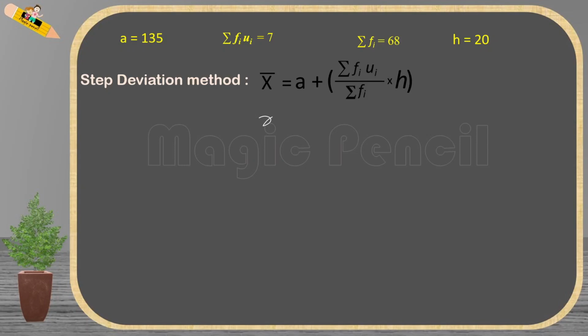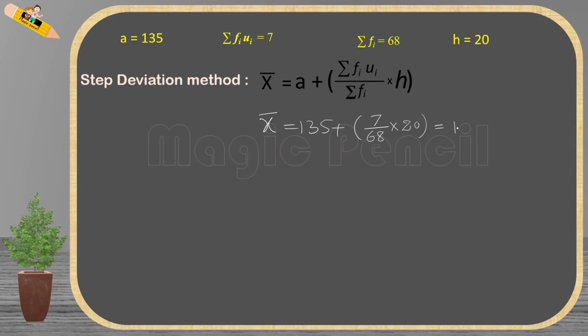Right, let us now substitute these values in the formula. A we have 135, plus sigma fi ui we have 7, by sigma fi we have 68, into 20 because of the height of the class.